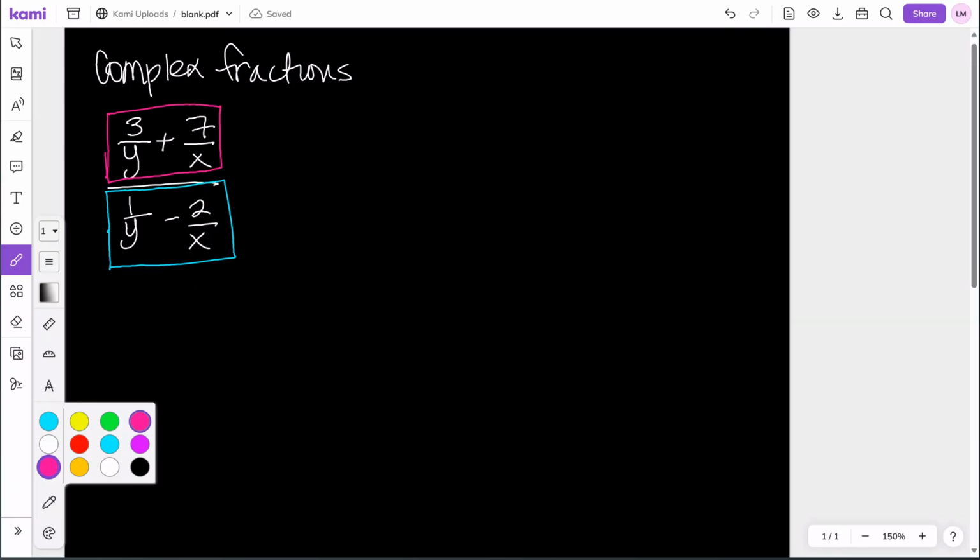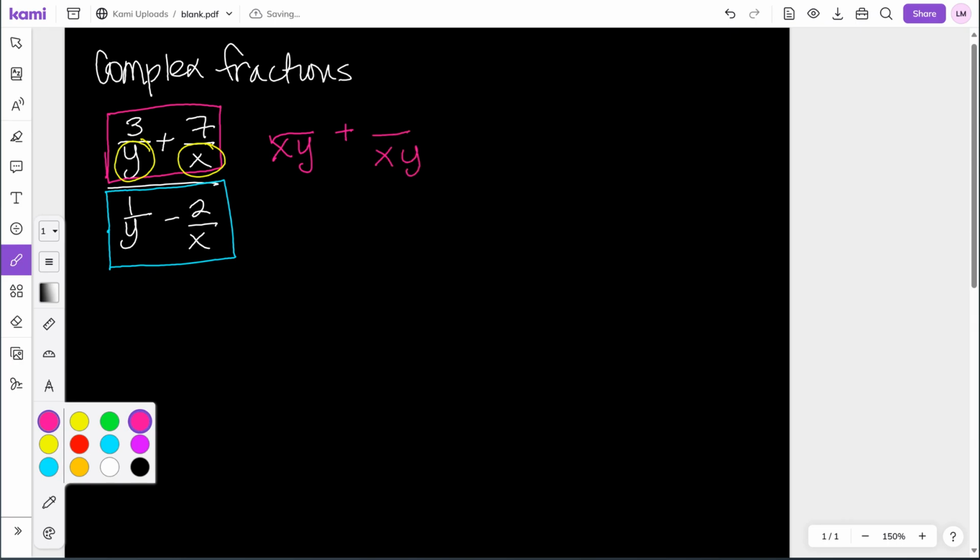of fractions. Okay, so my common denominator, I see that we have a y and an x. Those are not common, so we need one of each. So my new denominator on the top is going to be xy. And so now I can look back.